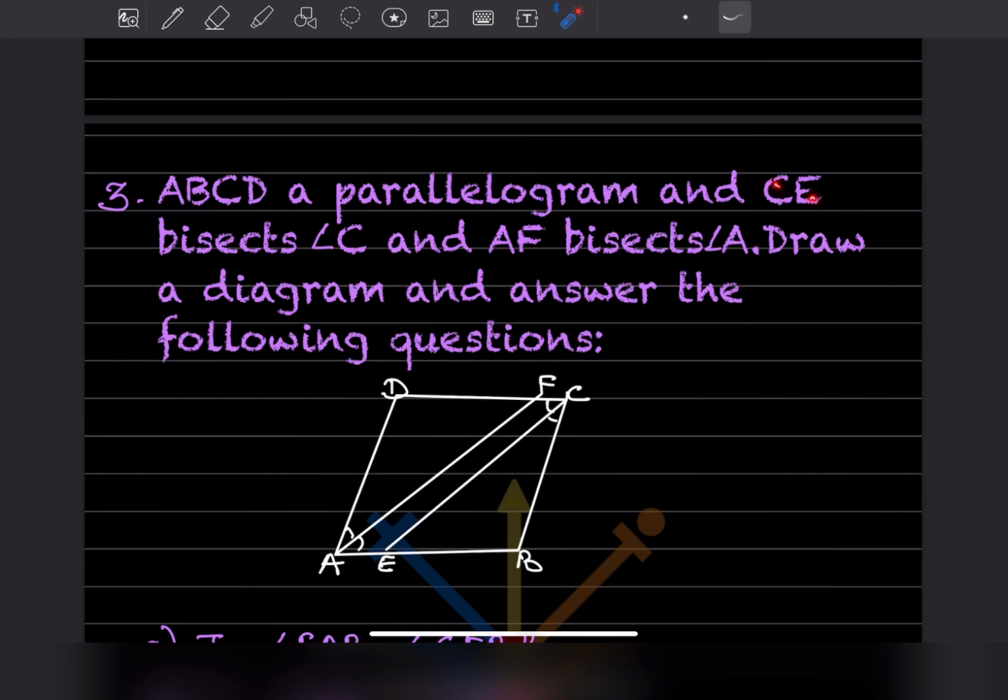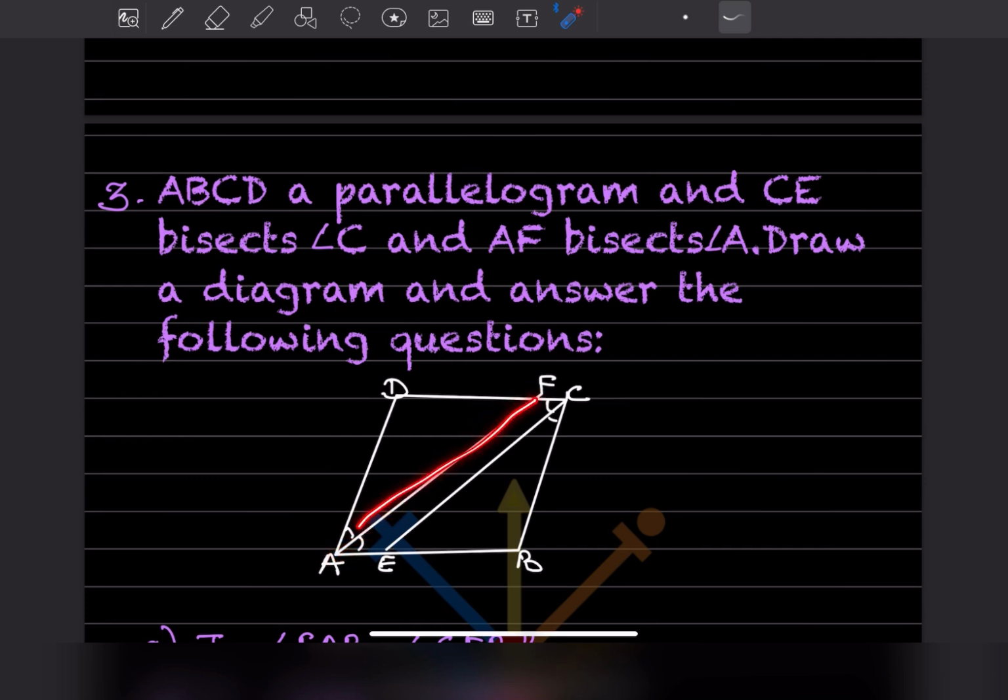CE bisects angle C. So from here, C is bisected, this will be CE. And AF bisects angle A, so angle A from here is bisected. This is AF.